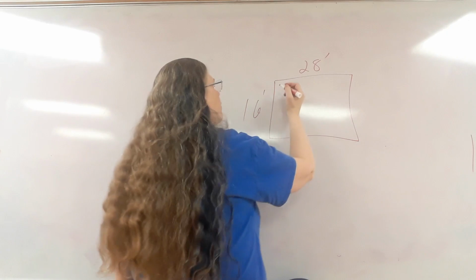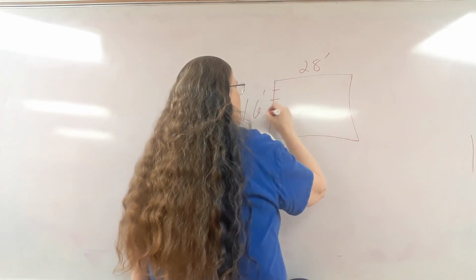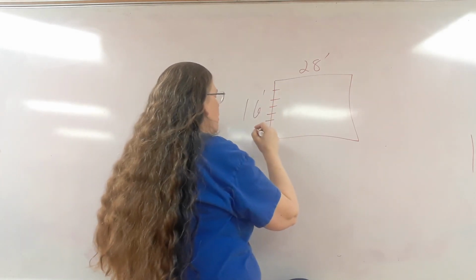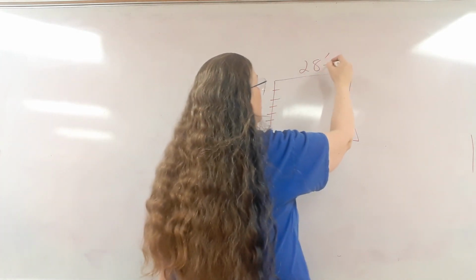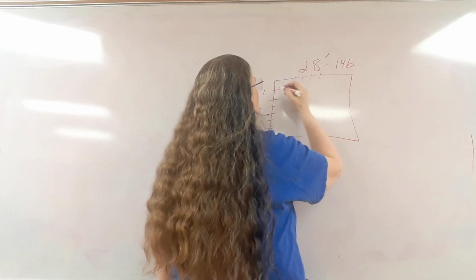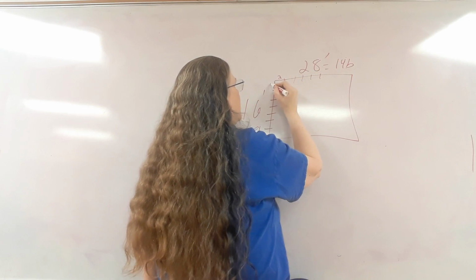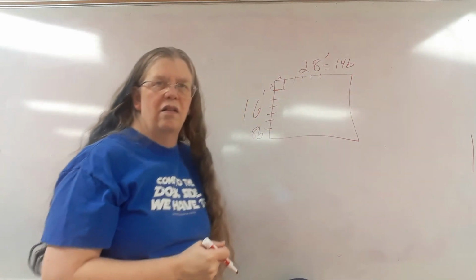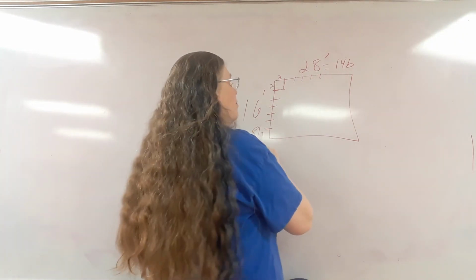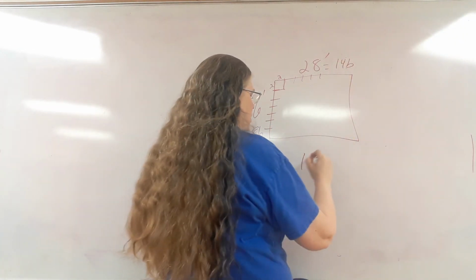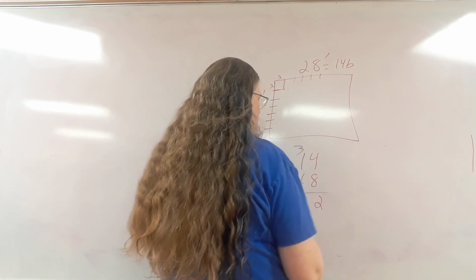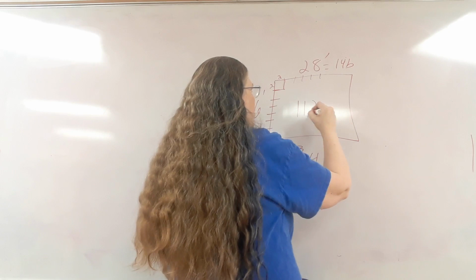So 8 blocks fit this way. 14 blocks fit this way. Because each one is 2 feet on the side. So we're multiplying 8 blocks by 14 blocks. We have 112 blocks.